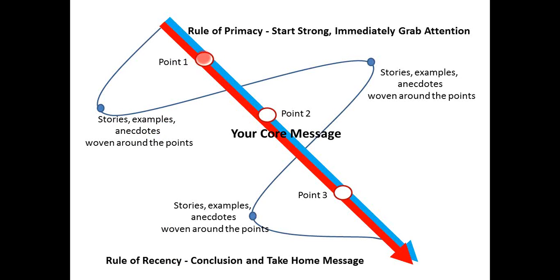In a longer speech, you will do 3 to 4 stories, 3 to 4 bits of evidence per point. In a 20-minute keynote, same structure, but 1 bit of evidence per point. It's a very flexible structure. Let's say you were scheduled to speak for an hour, so you've got 3 stories per point.